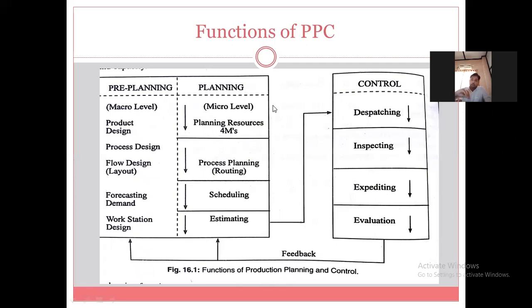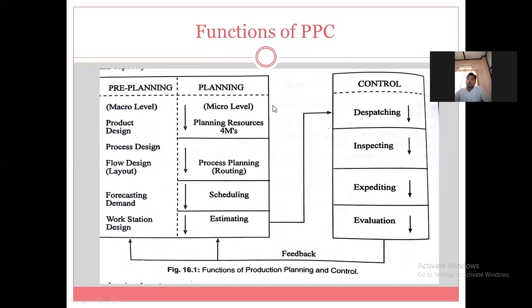So planning resources is the basic part of the planning phase. Planning related to the 4 M's will be considered the basic part of the planning phase. So why is it called a basic part, and what are we going to do in planning related to the 4 M's? First, whatever capacity you have decided and whatever methodology you have decided, those things should be decided in the planning phase.